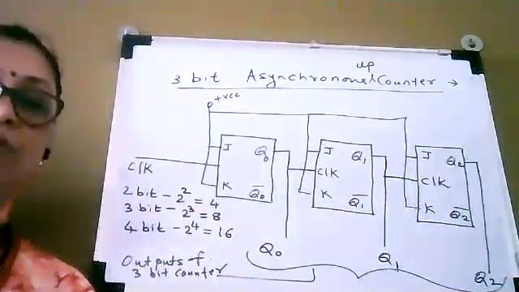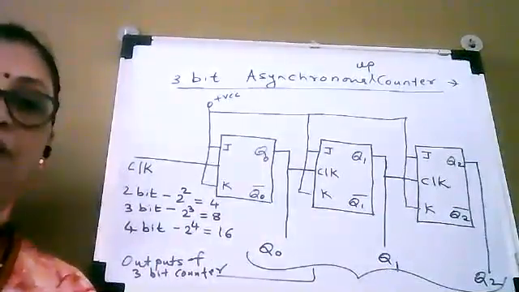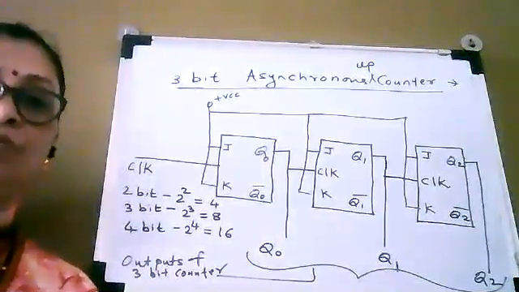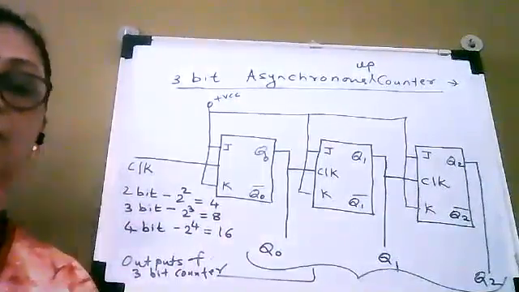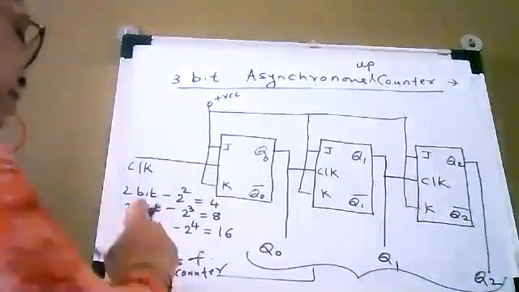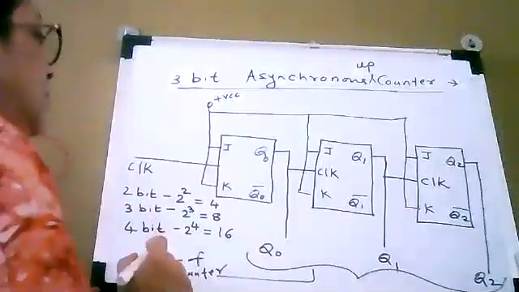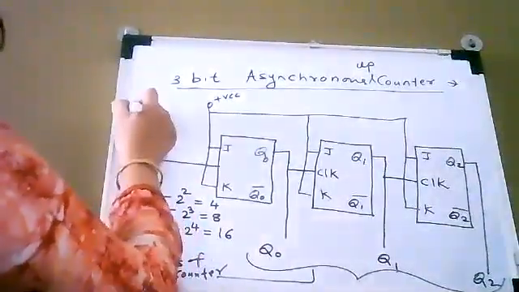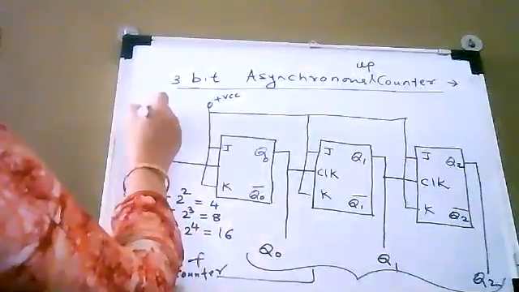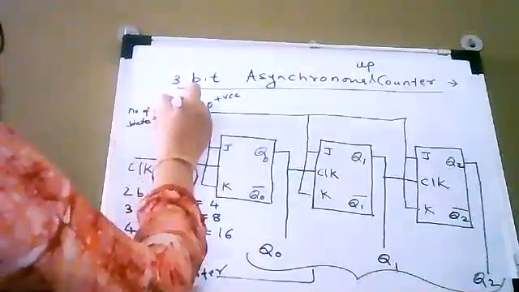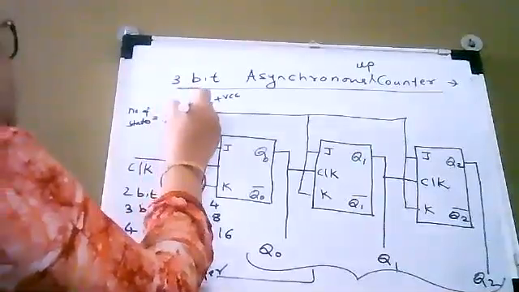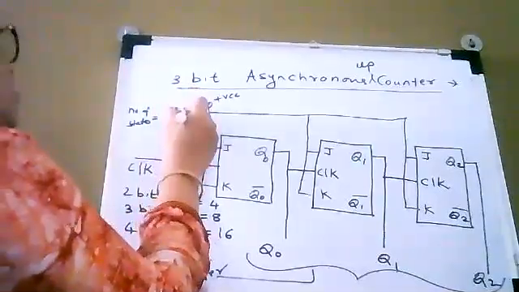So if you go on increasing the number of bits, the number of states that can be counted goes on increasing. Okay, so here is the relation: number of states is equal to 2 to the power of number of bits.